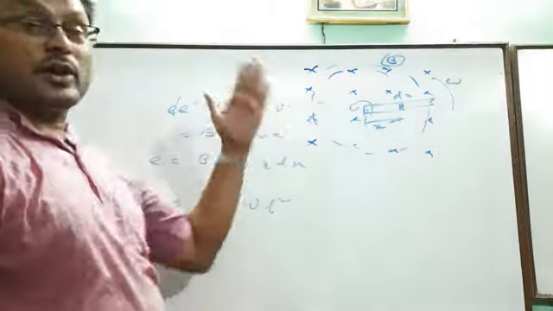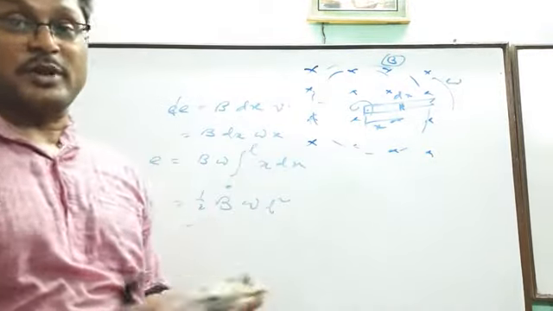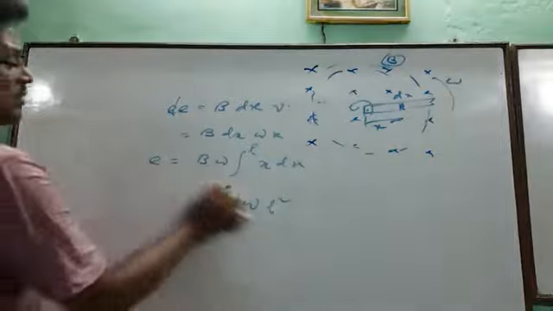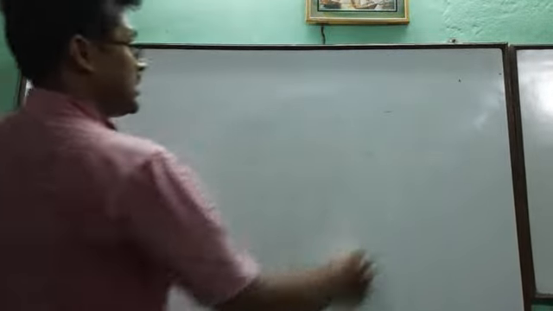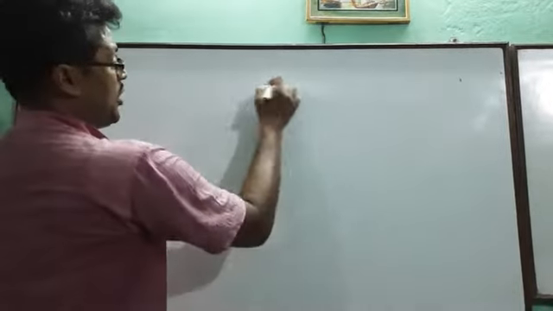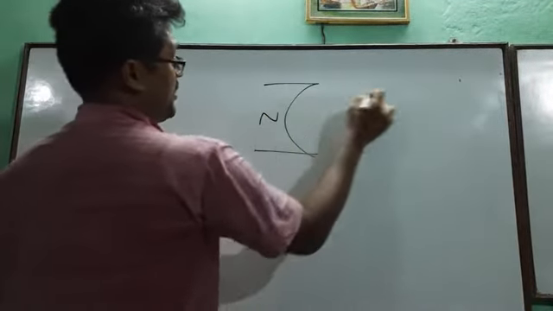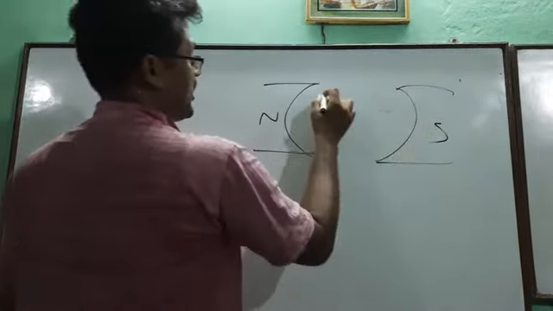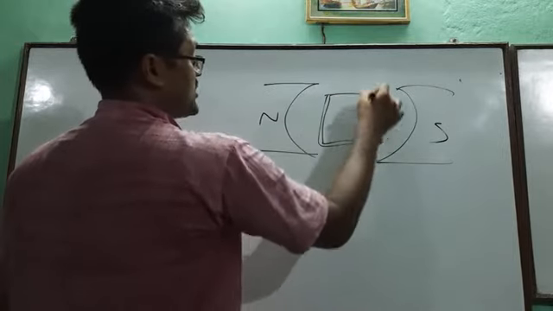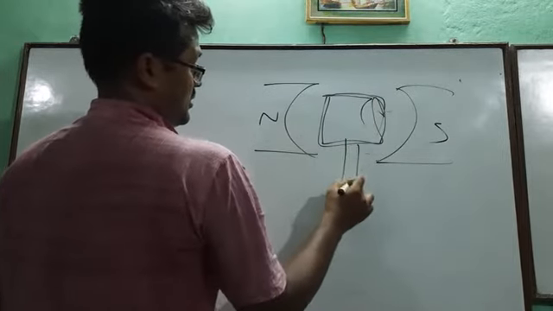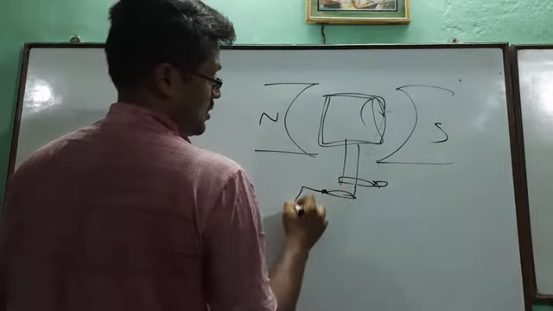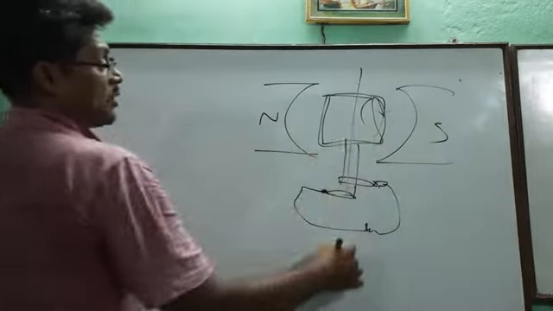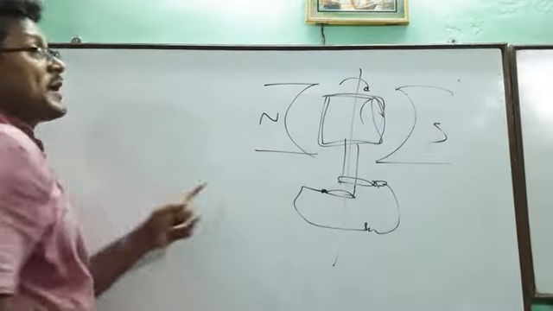So this is an application of the previous thing. Now, if we consider a coil revolving in a magnetic field, a coil is rotating about this axis, which is perpendicular to the magnetic field.